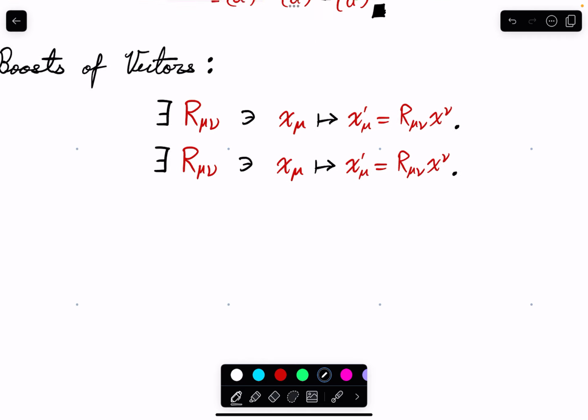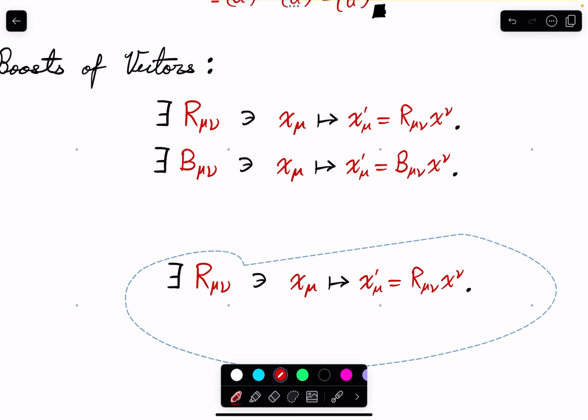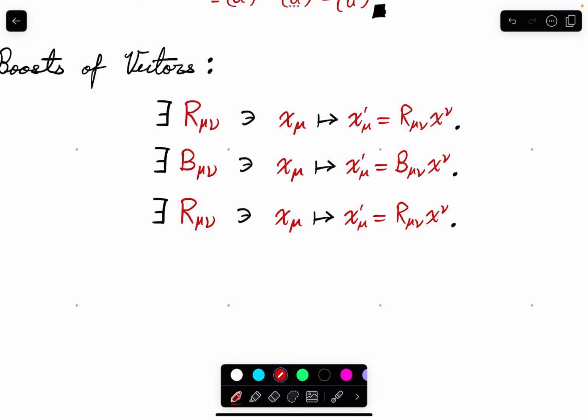And this is also the way a boost would work. And if you were to consider some combination of a boost and rotation, then that would be how a Lorentz transformation would work.